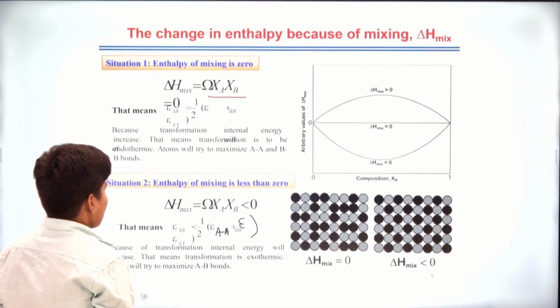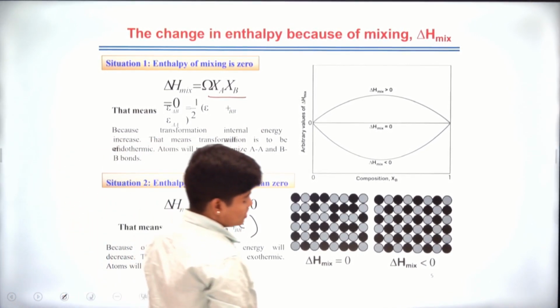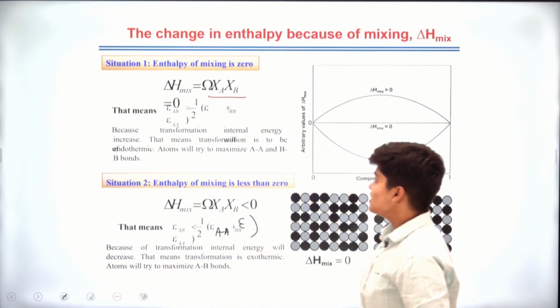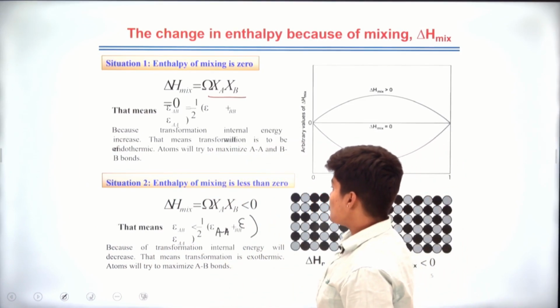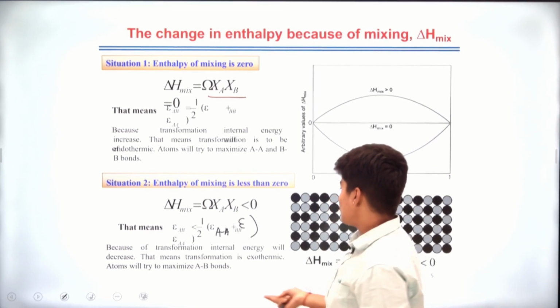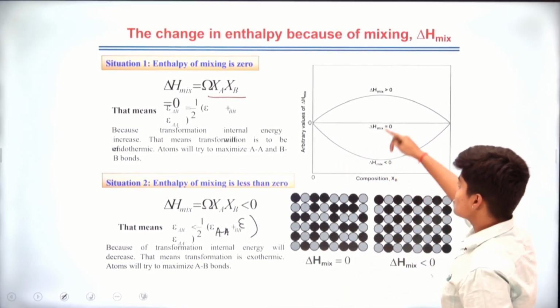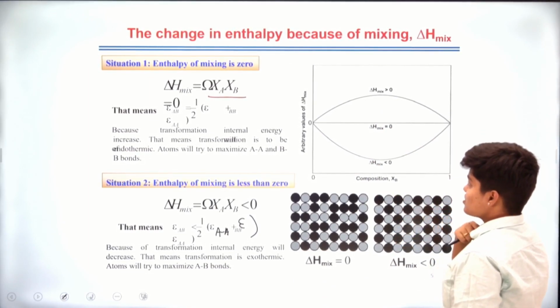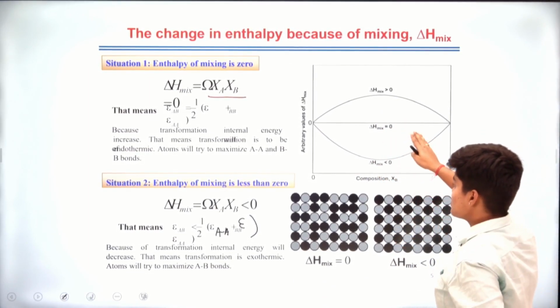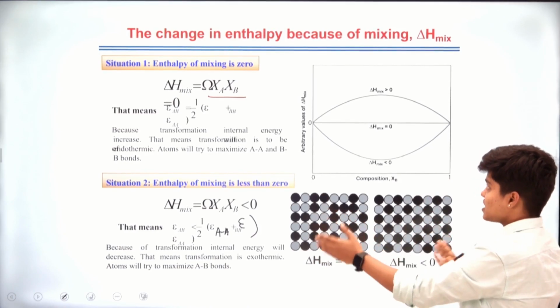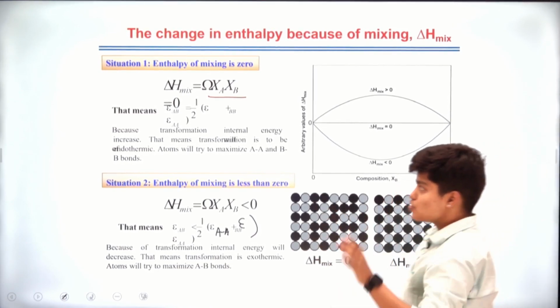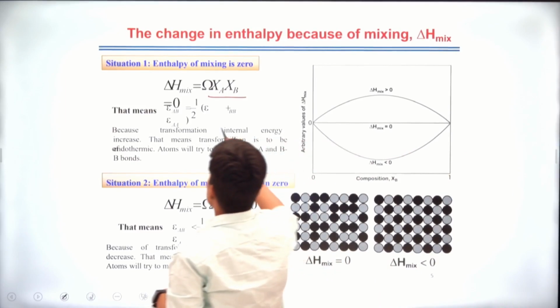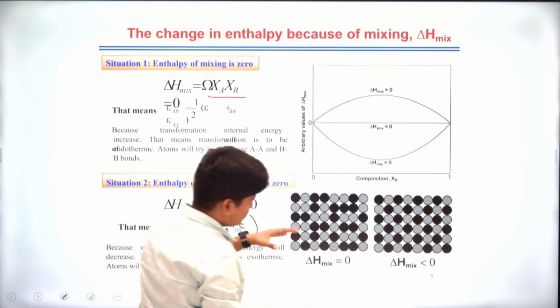So we are taking three situations. First situation, let ΔH mix be 0; second situation, let ΔH mix be less than 0; and the third situation, let ΔH mix be greater than 0. Meaning after the mixing the enthalpy will be 0, or vary towards the negative side or the positive side, and this depends on the bond energy.